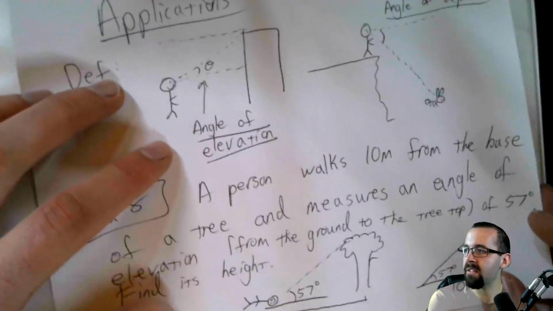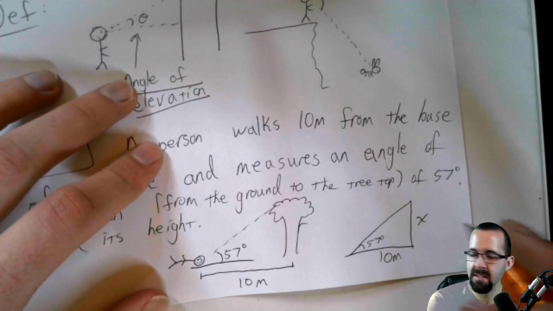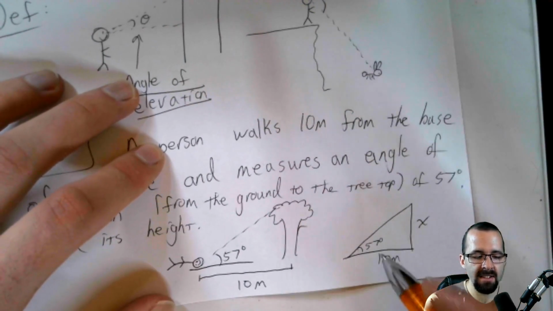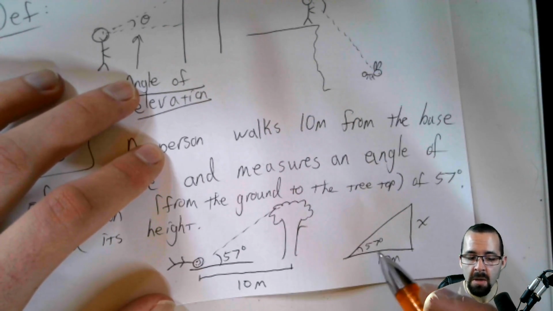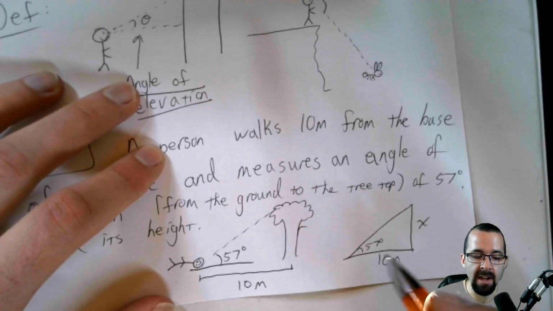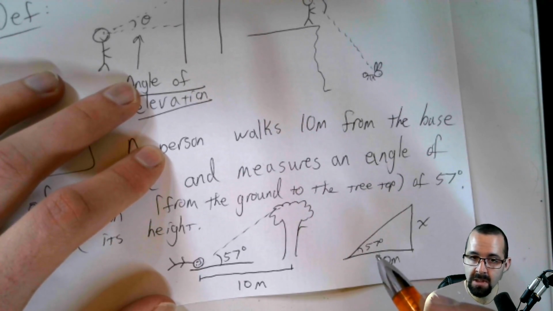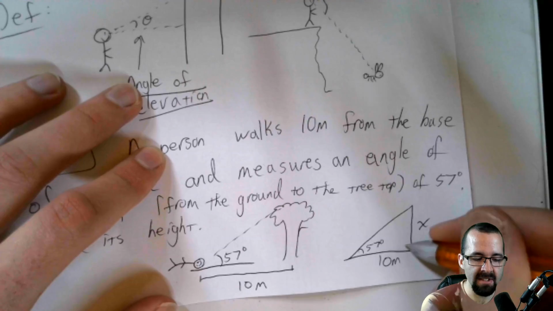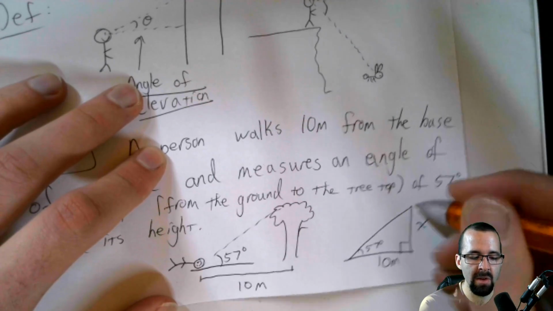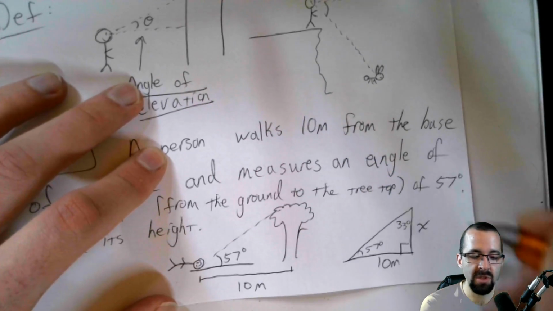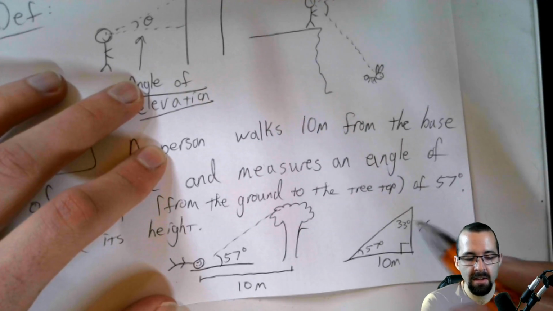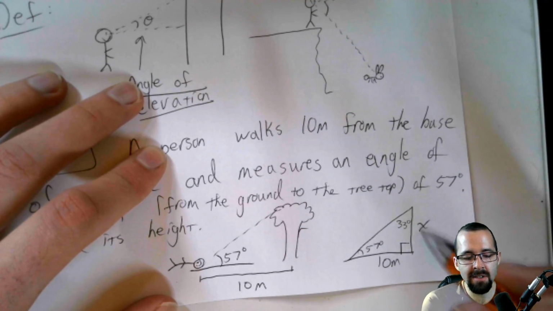All right, another way of gut checking whether this answer makes sense is realizing that this is close to, but is not actually a 30, 60, 90 triangle, right? 57 is close to 60. This is a right angle here, which means this over here is going to be 33 degrees, which is close to 30. Okay, so this is the long side.